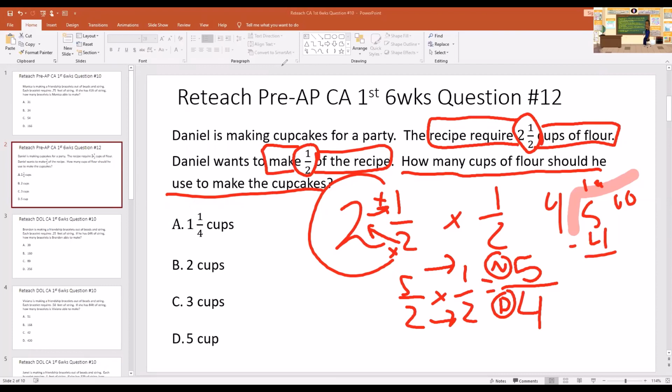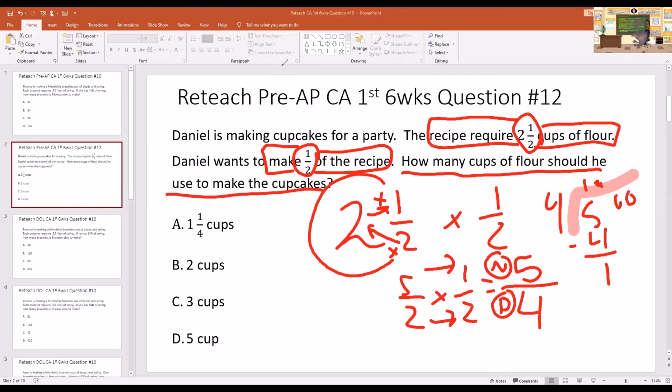And let's see here, bring down, 5 minus 4 will give us 1. Now, here's the trick. If I wanted to convert this back into a decimal, I would continue dividing.